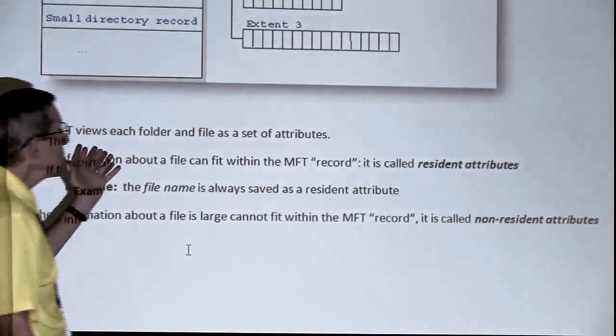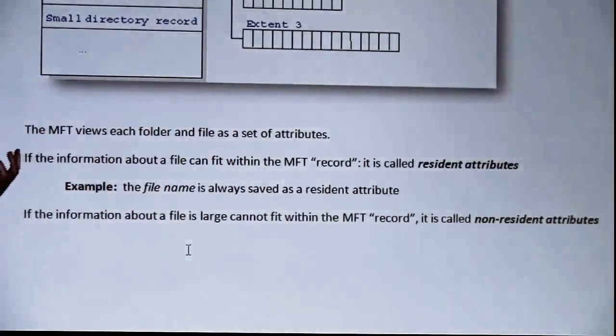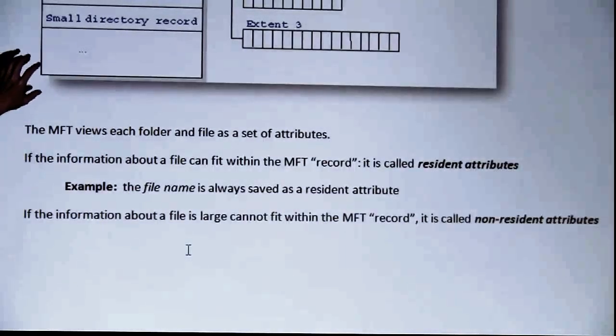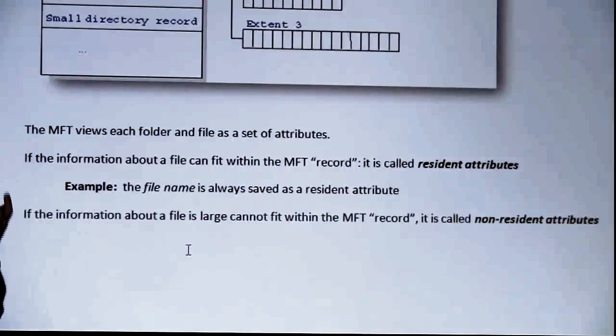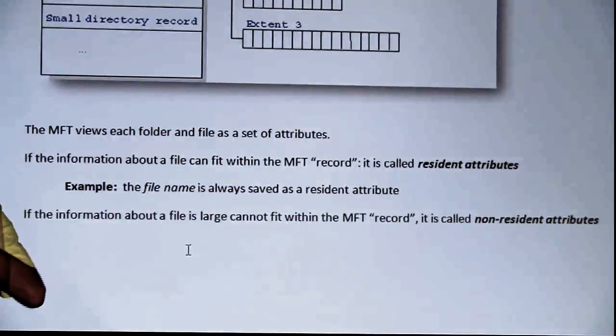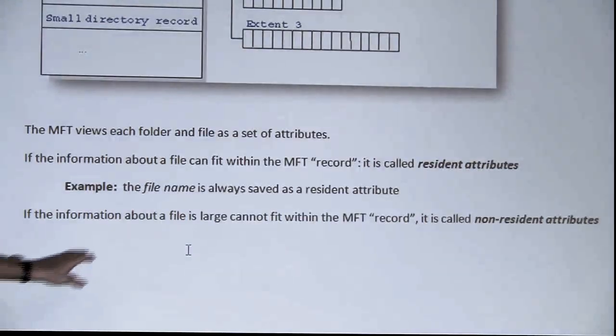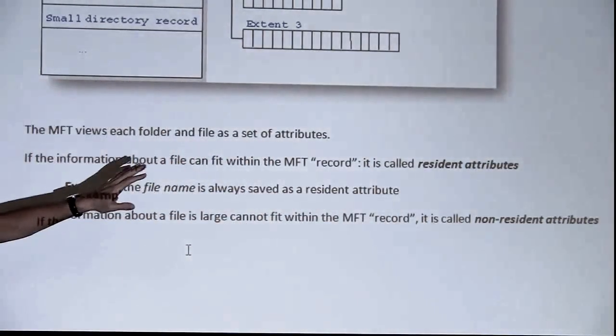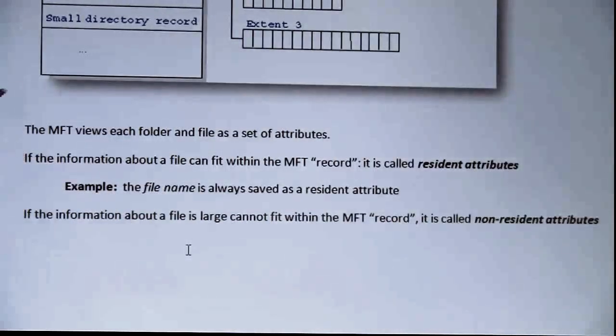In other words, if the information about the file is small enough, it will fit inside the MFT record. If the information about the file or folder is too large, it is considered a non-resident attribute. The MFT can find that information, but it is not stored in an MFT record.